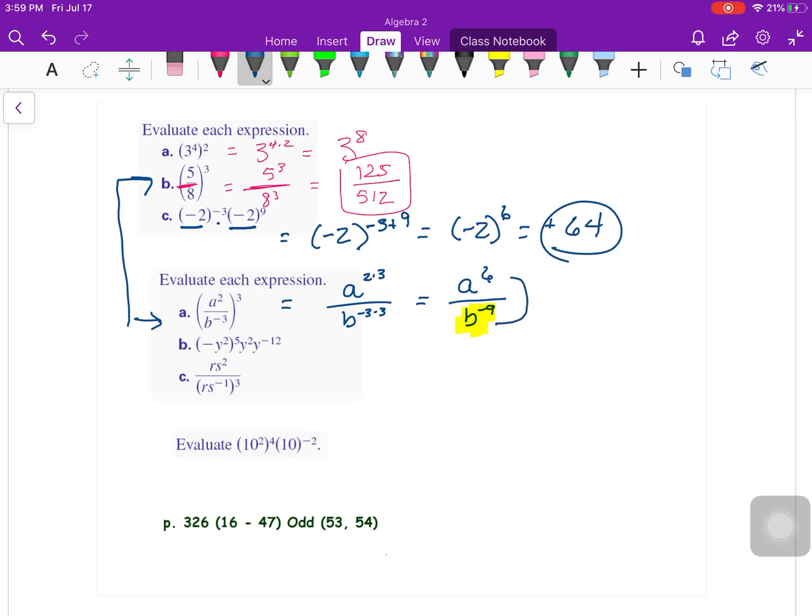Remember, all negative powers reciprocal their position. So this is in the denominator. So to make it positive, I'm going to have to move it to the numerator. So already in the numerator, I had a to the 6th. When I move that up, it becomes times b to the positive 9.